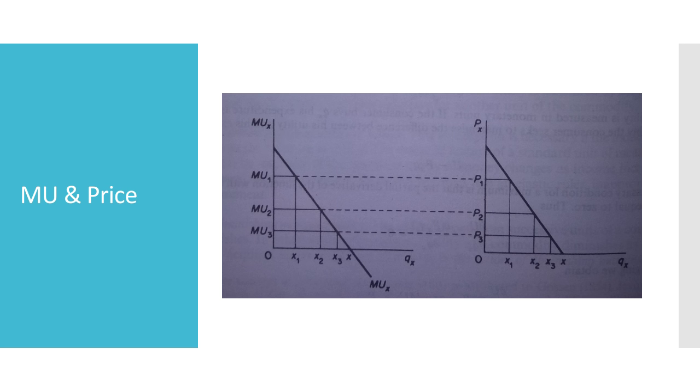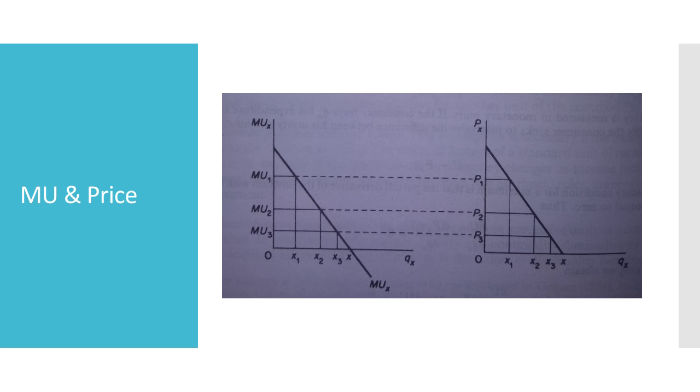And the last one is the relationship between marginal utility and price. We are often ready to pay higher prices when we get larger marginal utility from the consumption of that good.